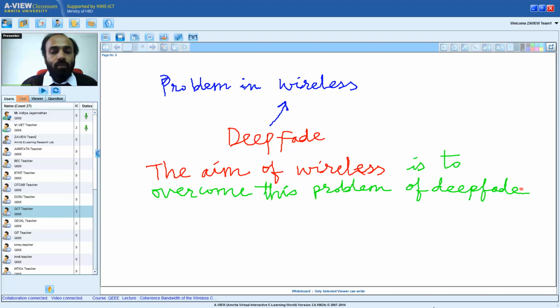The aim of designing these new wireless technologies is to overcome this problem of deep fade, to decrease the bit error rate, to reduce the bit error rate.